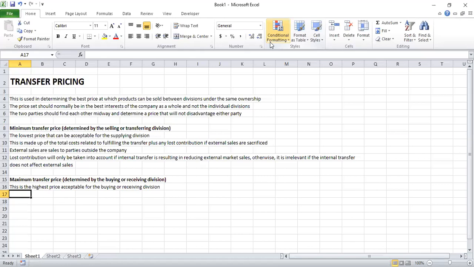So this is the total cost that will be incurred if purchases are done externally.